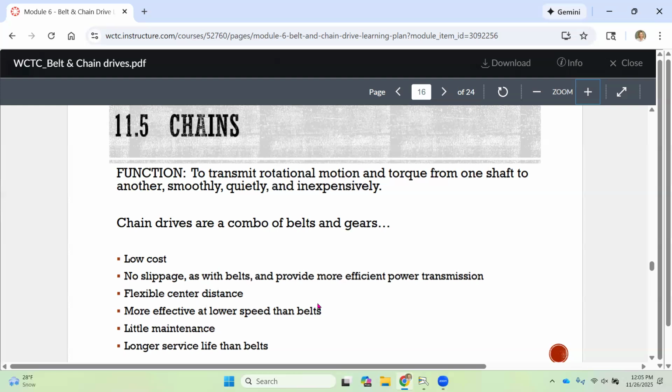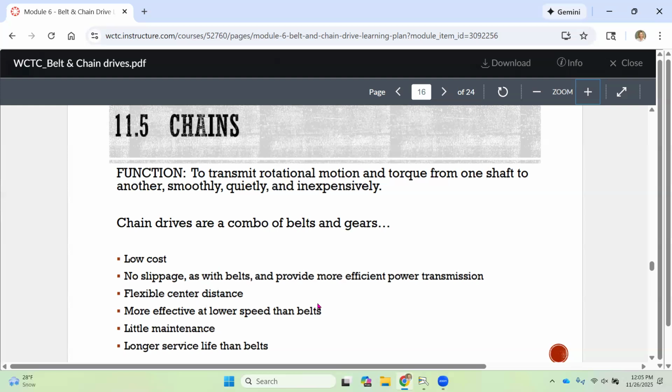It says here that we provide a more efficient power transmission. So in that sense, because it doesn't slip, we get all of the horsepower going right through and being able to use most all of it.